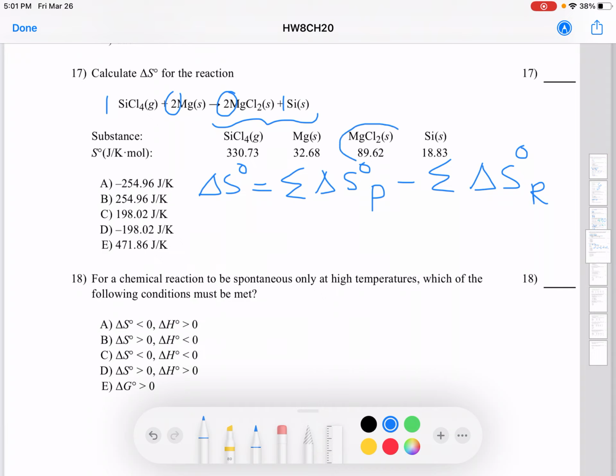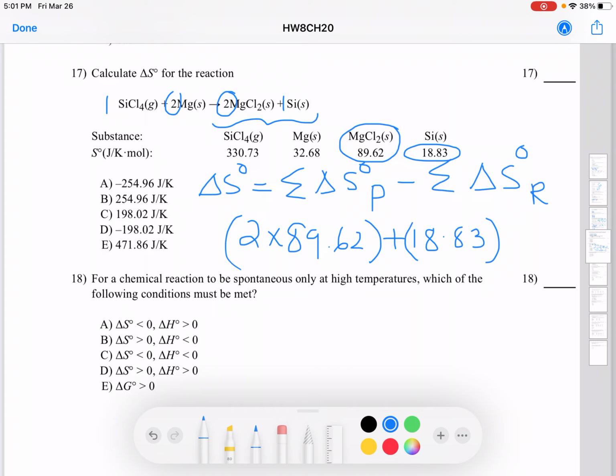Your products are going to be MgCl2. You take this one, 2 times 89.62, plus silicon, 1 mole, 18.83. That's your products. Add it up and you subtract your reactants. SiCl4, 1 mole, 330.73, plus magnesium.